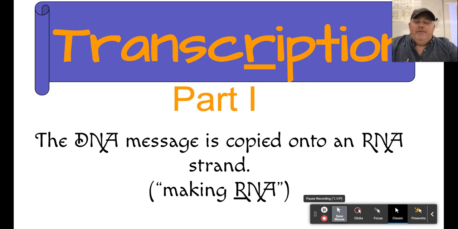So the first part of this is called transcription, and I apologize, just down below, that this is an N. So transcription is where the DNA message is copied, making what we refer to as messenger RNA. So let's take a look at that.